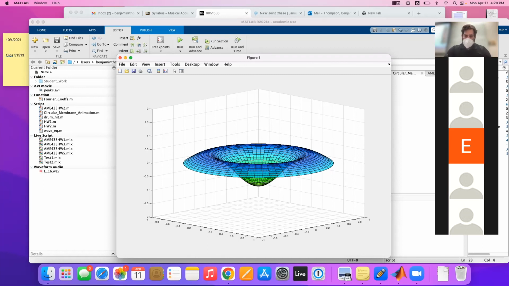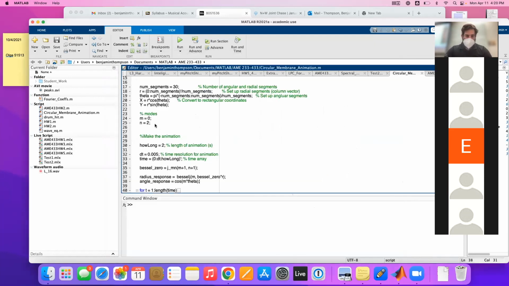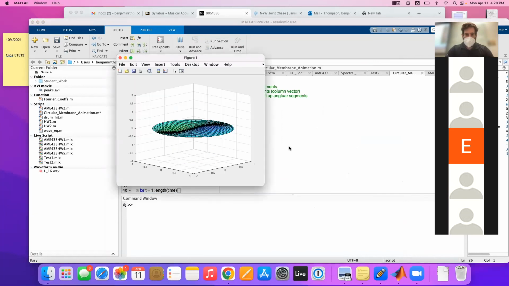So let's go back here to n equals 1. Let's go to m equals 1. There is no n equals 0, it's not a thing. Now do you see how you get that line in there? The way I would draw that flat would be like this, and then maybe I'd shade in that part to tell you they were out of phase.